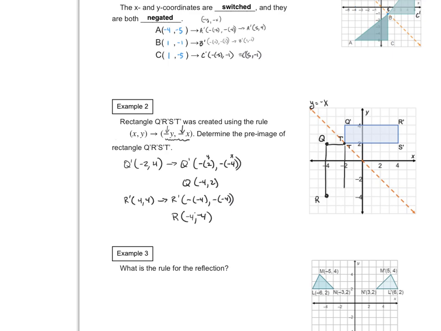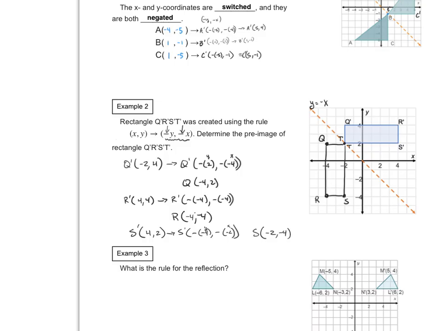And then S prime is 4, 2, which would be -4, -2. Again, this is my x, this is my y, so S is going to be -2, -4, and that's where it puts me.